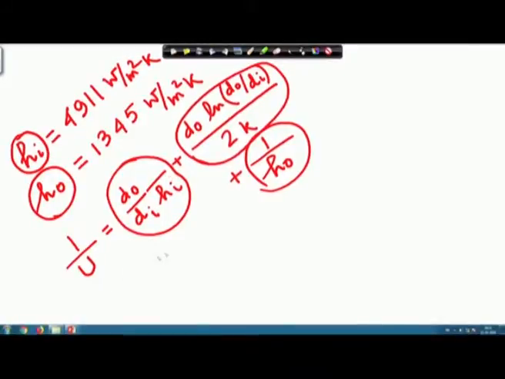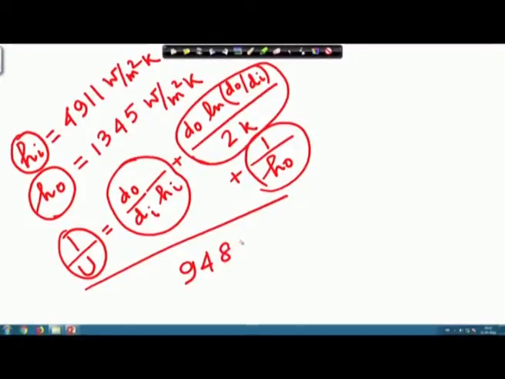So, this is how we calculate the overall heat transfer coefficient, and this will come out to be 948 watt per meter square Kelvin.